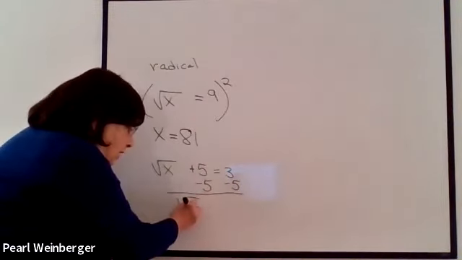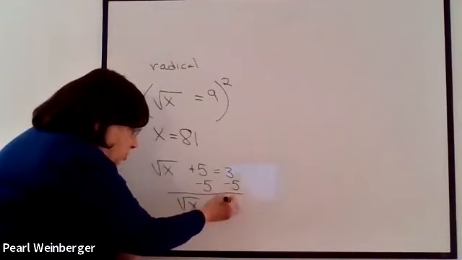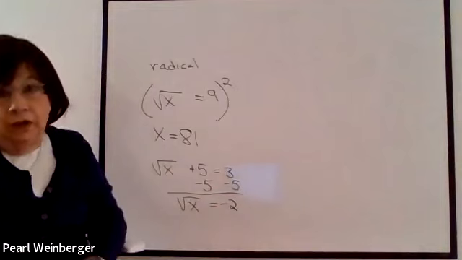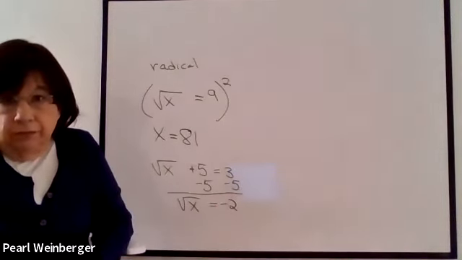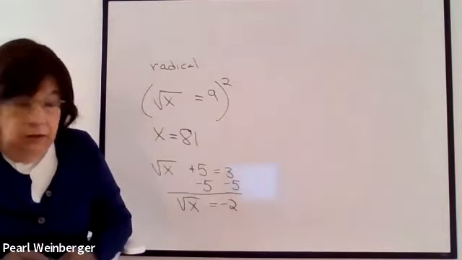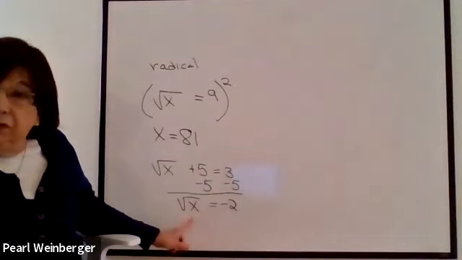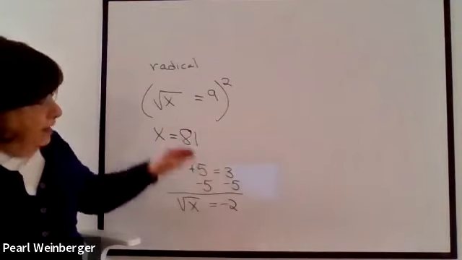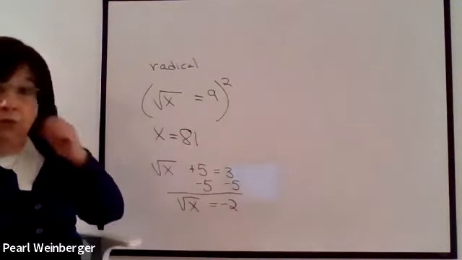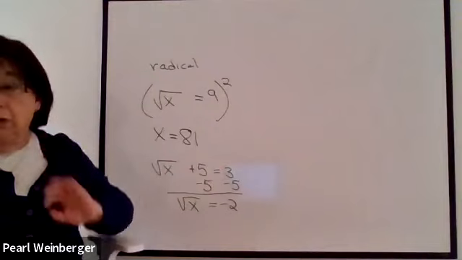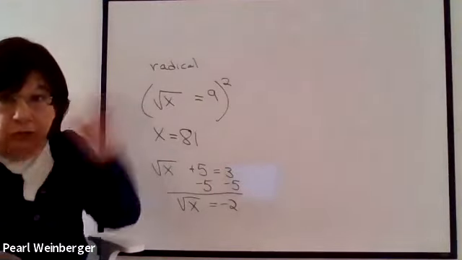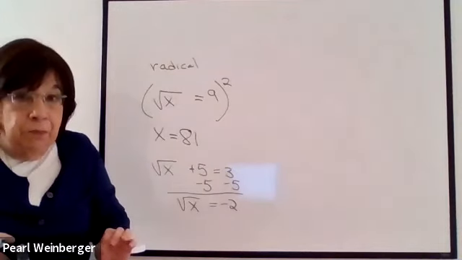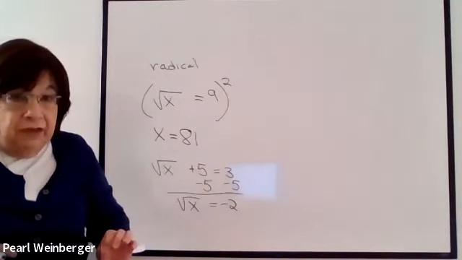And then we get x equals 3 minus 5, which is -2. And you know what? I stop right here. Why? Because it's not possible for the square root of a number to be a negative answer. I didn't see that initially, but whenever we take the square root of a number, we always take the positive square root. Remember, we said that radical sign always indicates the principal square root, the positive one.